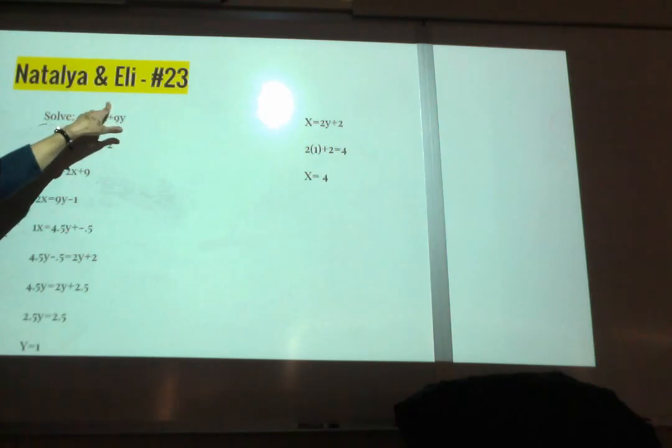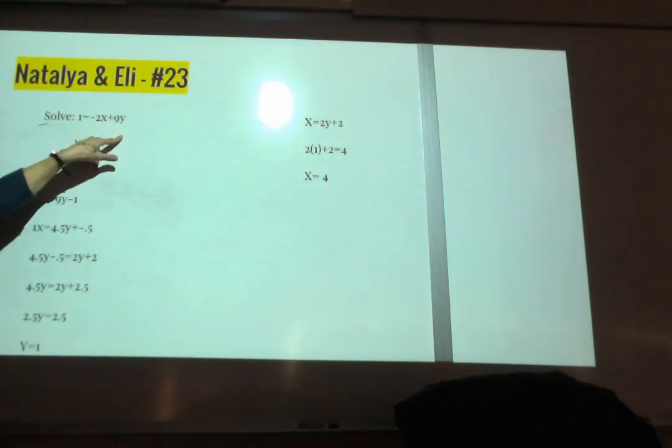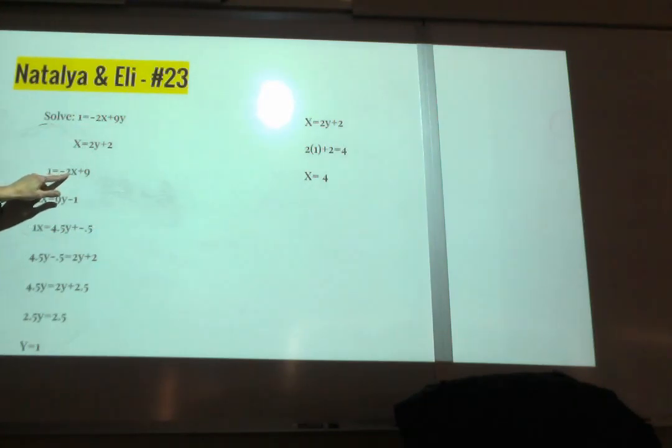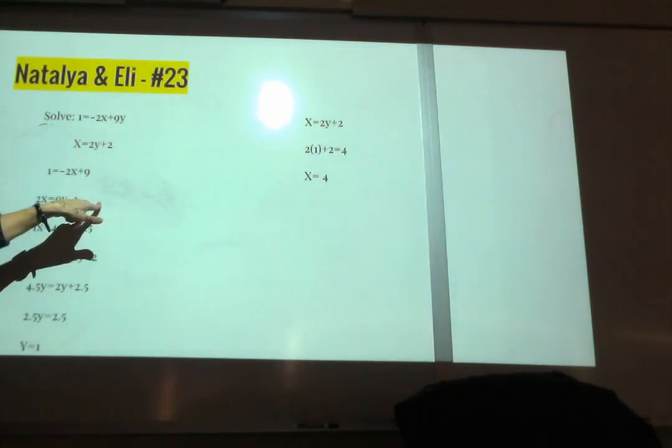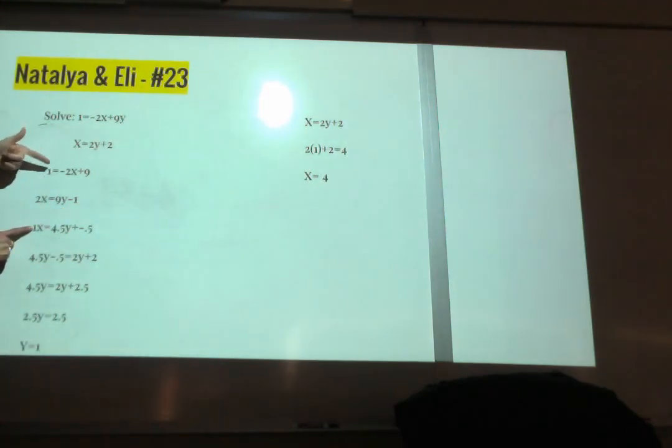Okay, so they said, hey, I have x by itself right here. They took this top equation and rearranged things to get x by itself. They moved over the 2x, they moved over the 1, then they divided everything by 2. Now you have this equation and this equation both equal to x.